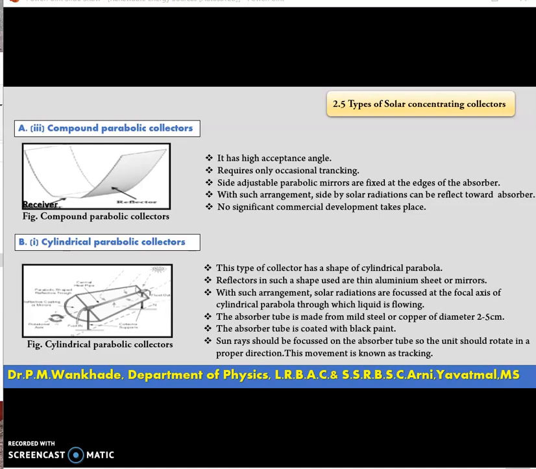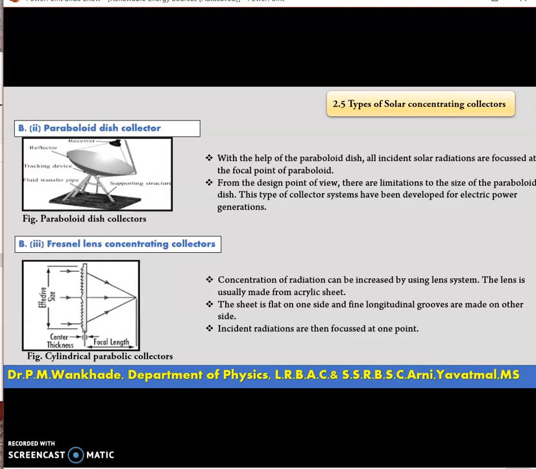We have already discussed what is meant by tracking. If the required temperature is still higher, then it becomes necessary to have point focusing rather than line focusing. In the next one, we will discuss what is meant by point focusing.